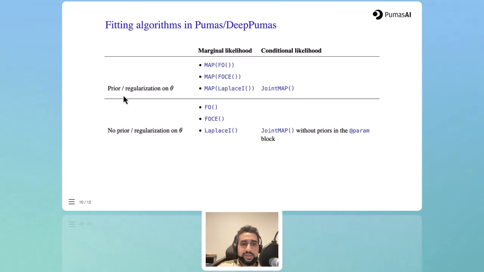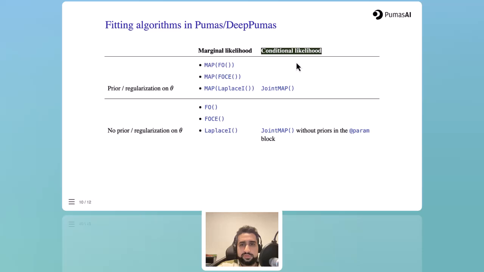And if we have a prior on theta, this will be taken into account. But if we don't have a prior on theta, then this will be the log conditional likelihood plus the log prior of the random effects, but without the population parameters prior. So this is actually incorrect. This should be the joint probability of the data and the random effects that's actually being maximized.